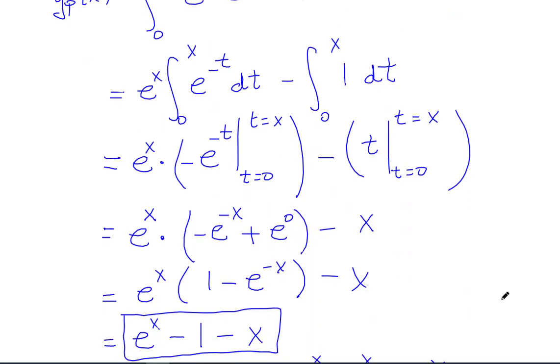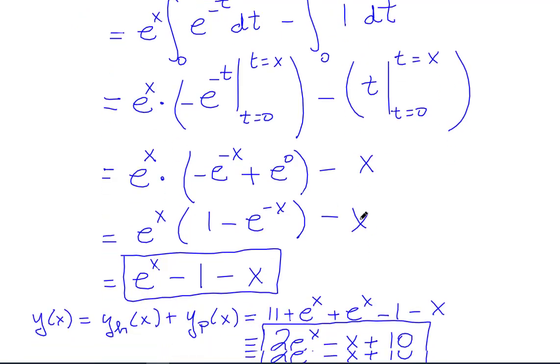All right, so cleaning this up, I get a minus e to the minus x. T equals 0, I get an e to the 0. So I get 1 minus e to the minus x, and from this piece I get x. And so finally, distributing this in, I get e to the x, I get a minus 1.